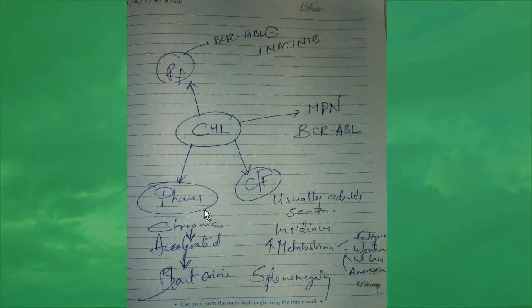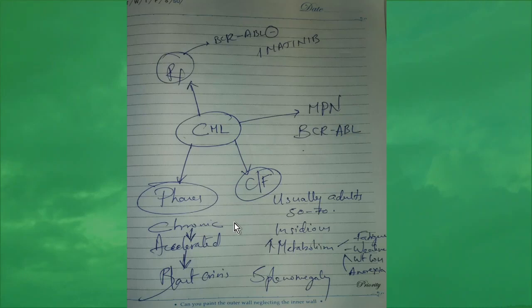There are 3 phases of CML. One is the chronic phase or CP, call it CML CP, where basophils and blasts are all low, and there is leukocytosis. Then chronic phase can enter an accelerated phase.